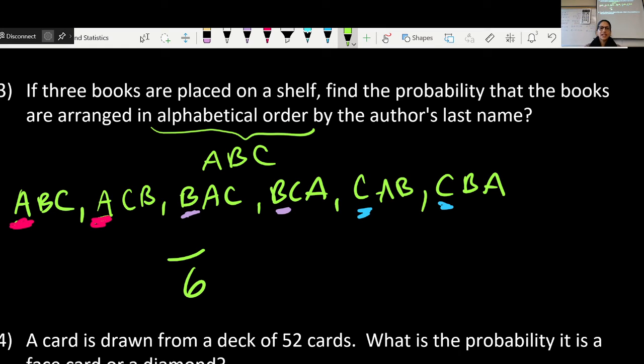So out of 6, what is the likelihood that we put it in alphabetical order? There's only 1 out of 6. So us writing out all the letters scrambled up is a strategy to figure out what the sample space is, how many possibilities there are. So far, so good? Questions?